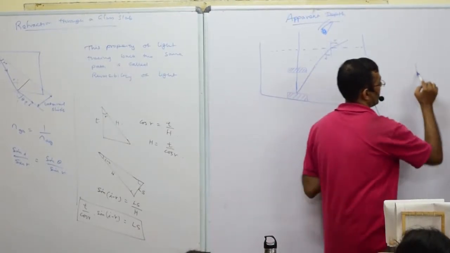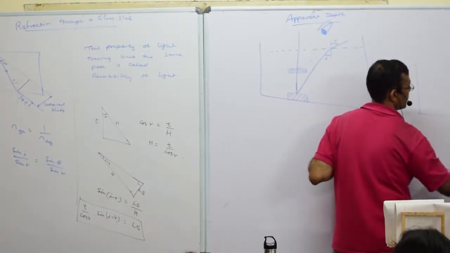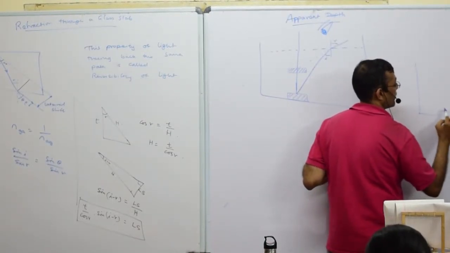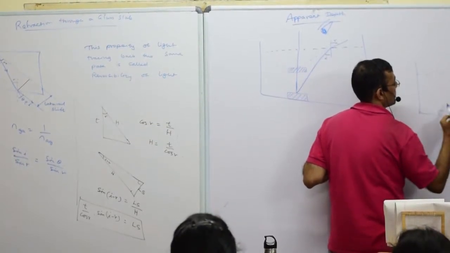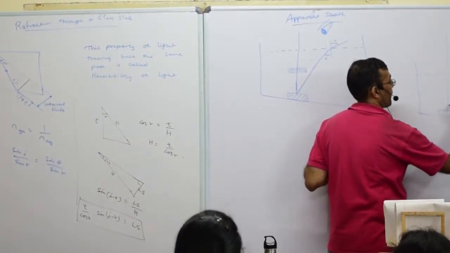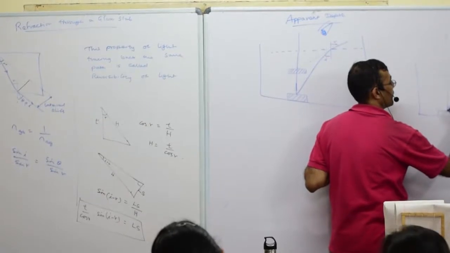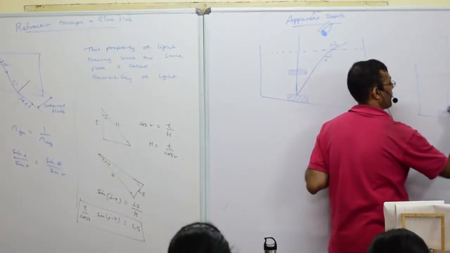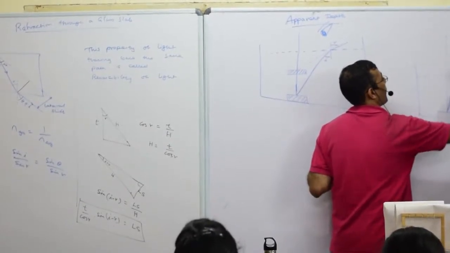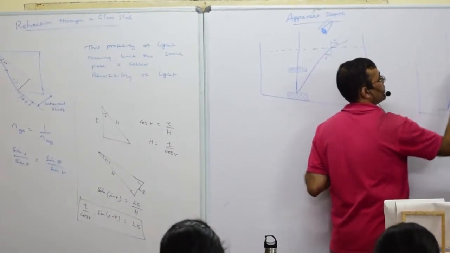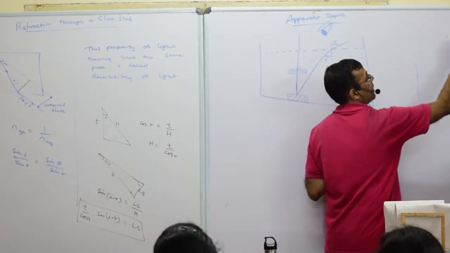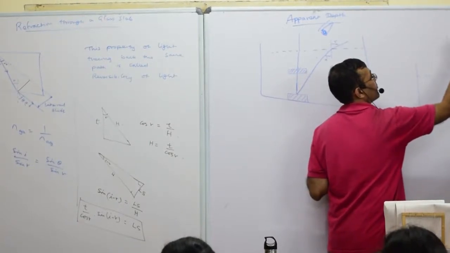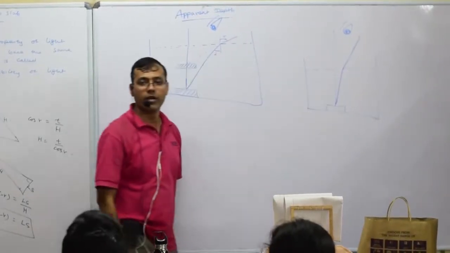So in reality, the way this is going to look is, this is a coin, this is water, a straight line. So the refraction is going to happen like this. Even this one is an exaggeration because your eye is something like this, right?